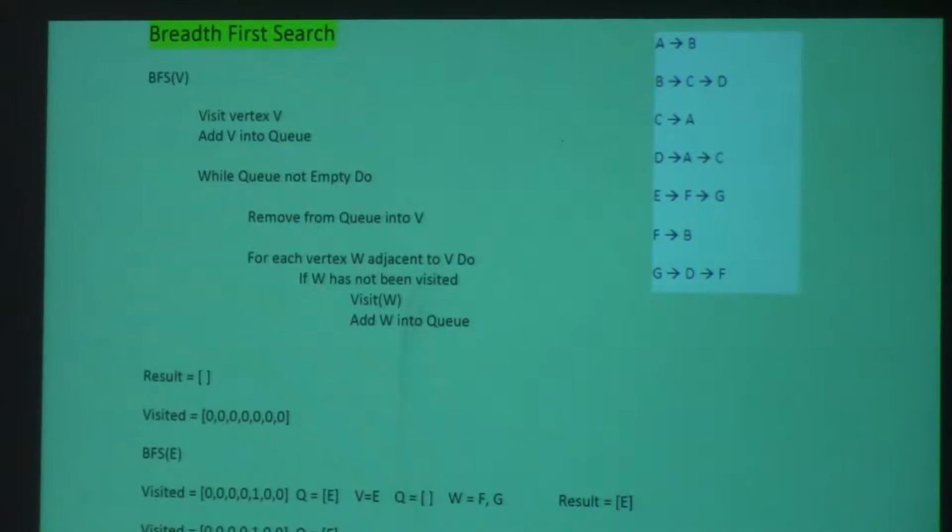So if A has neighbors B and C, we take out A, and B and C will be enqueued. By the time we come up here to check if the queue is not empty, B and C are there. We'll take out B and go to B's neighbors. We'll take out C, go to C's neighbors.